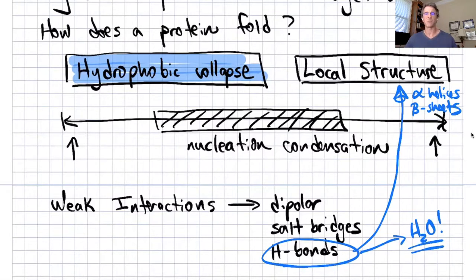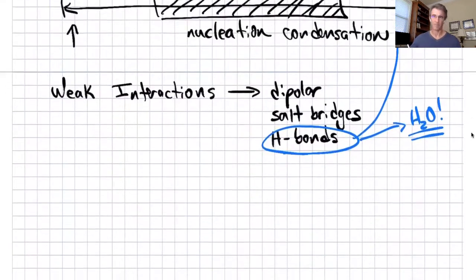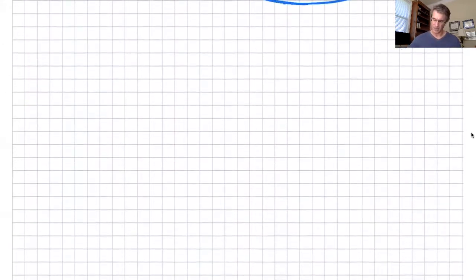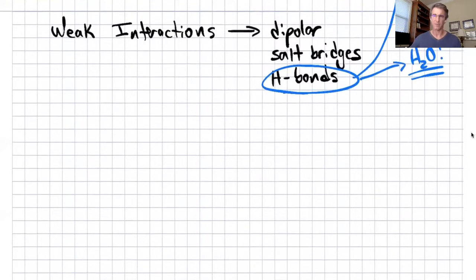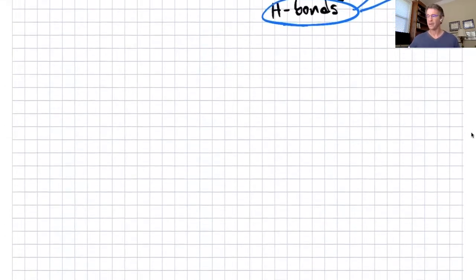And that was one of the arguments that was made for a long time about why this local structure, okay, it's a rounding error, right? It can't be that important because there's all this bulk water. Well, that argument misses one really important point, which is that the hydrogen bonding and these dipolar interactions and salt bridge interactions, which are also weakened in the presence of water, are not happening on their own, as isolated groups, right?